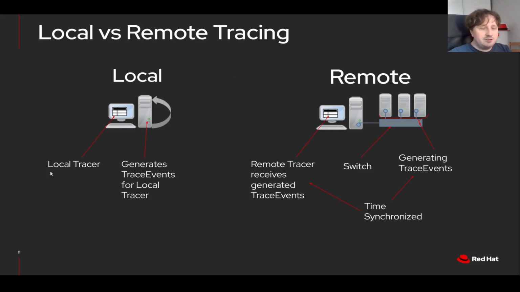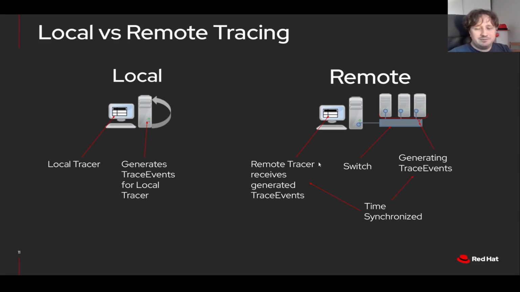I also make the difference between local tracing and remote tracing. Local tracing means that the tracer application runs locally on the machine which wants to be traced. And remote tracing is a bunch of machines in a distributed network. They're generating trace events, for example, when you're observing some networking protocol.